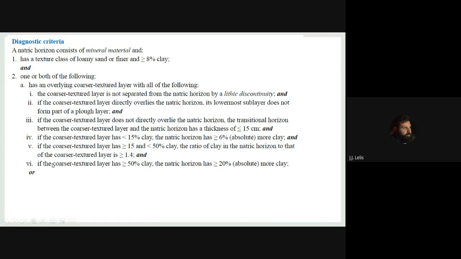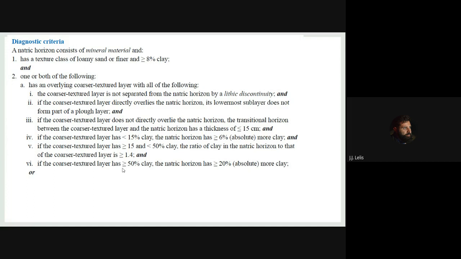Or if this coarser texture layer has equal or more than 50% of clay, the natric horizon should possess at least 20% more clay than this coarser texture layer. Again, the same rule for the argic horizon.